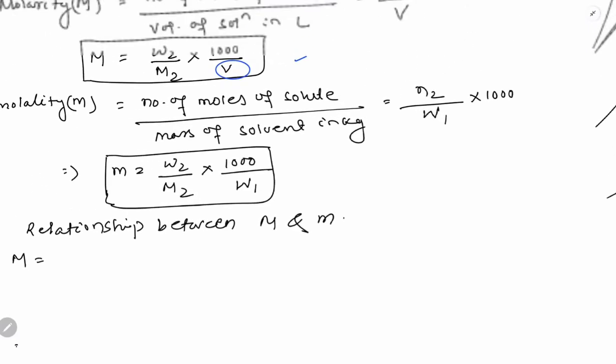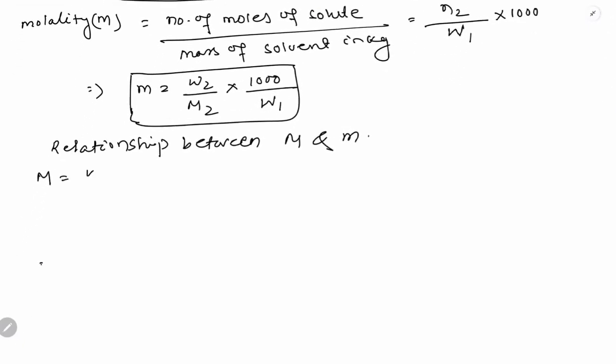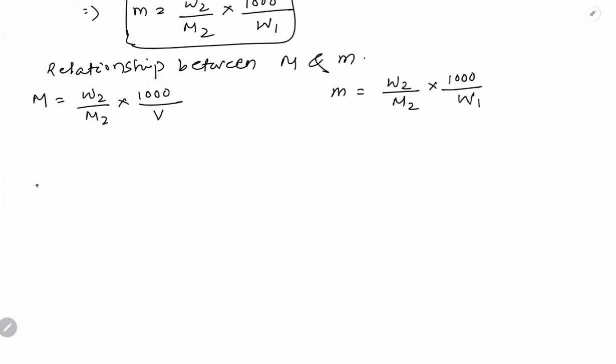Molarity is W2 upon M2 into 1000 divided by volume, while molality is W2 upon M2 into 1000 upon W1.